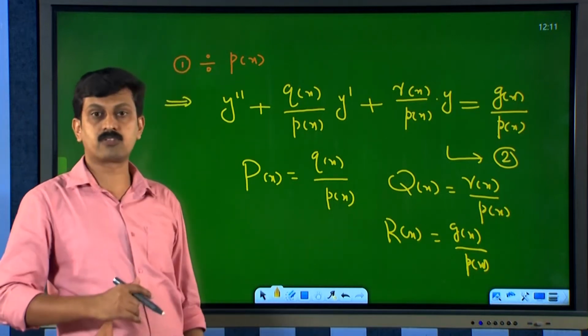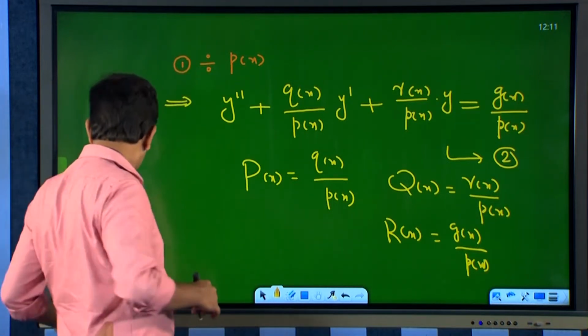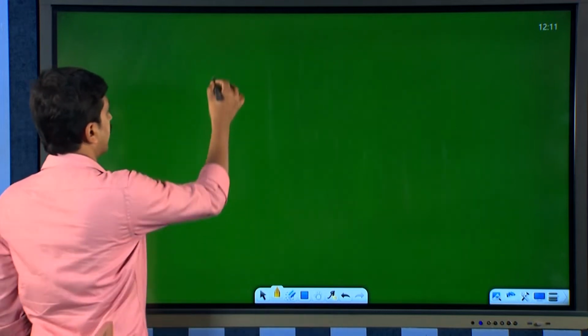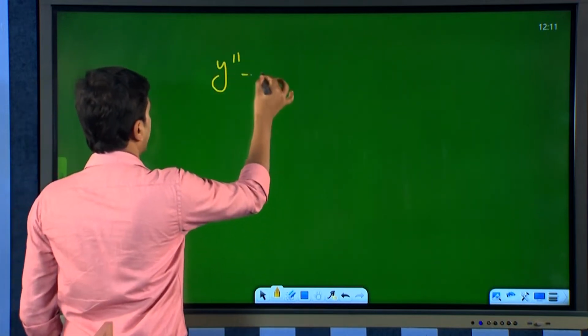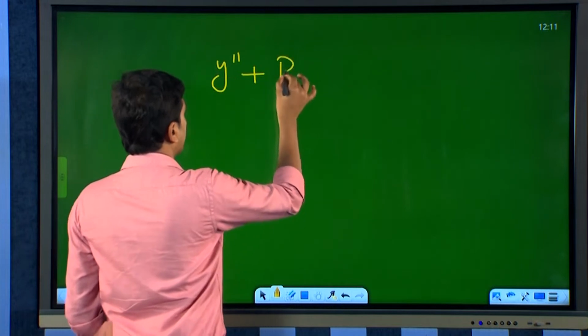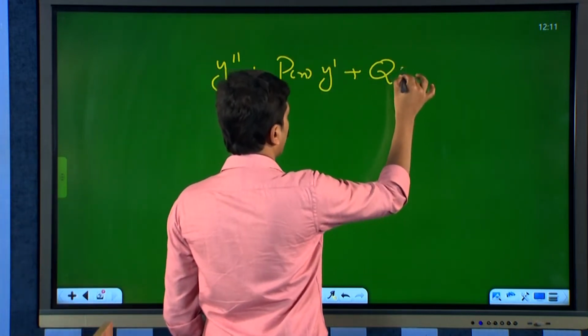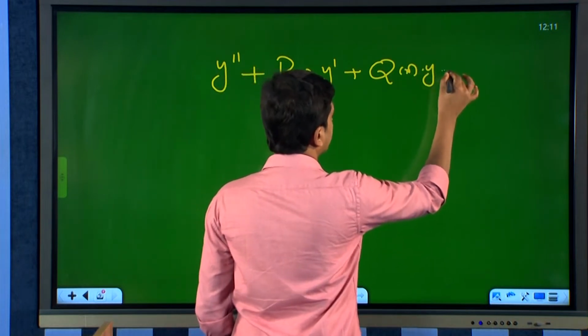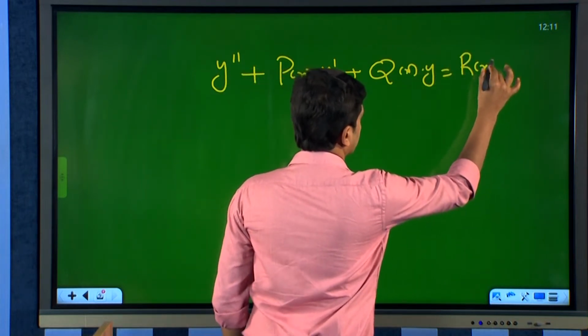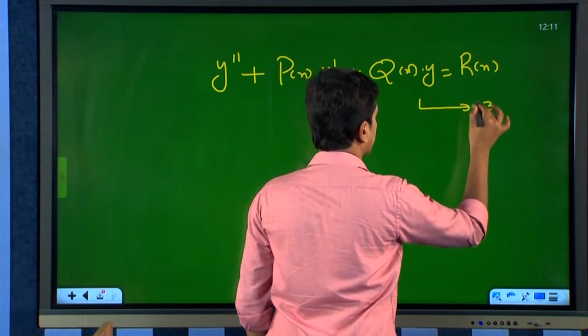So we just renamed the coefficient of y dash as P of x, the coefficient of y as Q of x, and the right hand side function as R of x. Equation 2 becomes y double dash plus P of x y dash plus Q of x y is equal to R of x. This is the third equation.